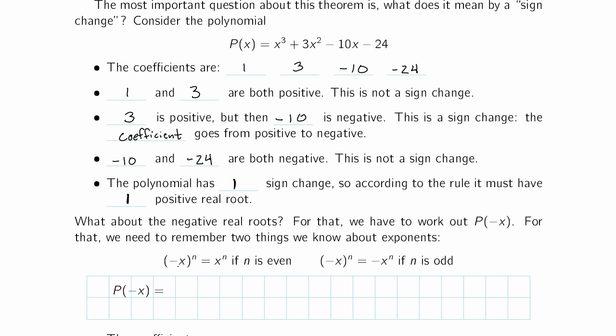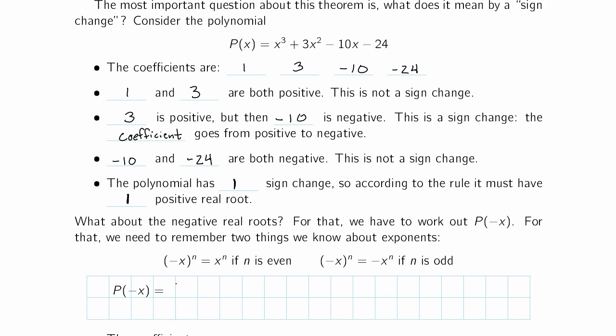So remember that if we have an even power of something negative, that's the same as the even power of the positive version. If we have an odd power of something negative, that's the opposite of the odd power of the positive version.